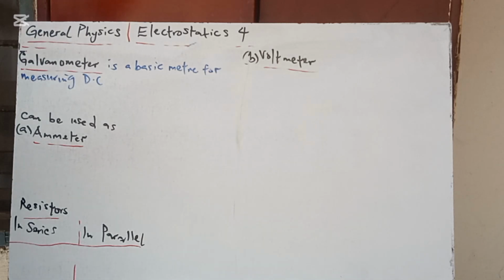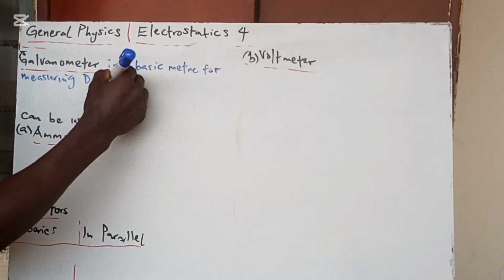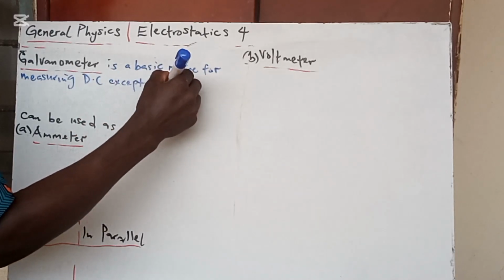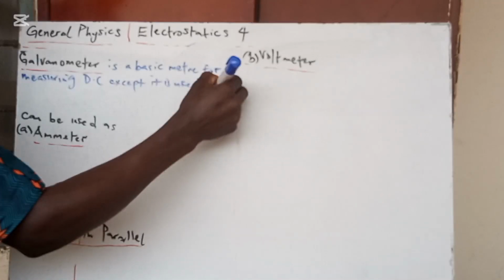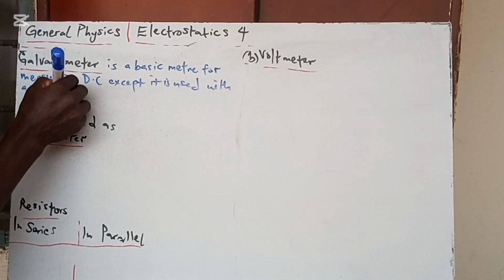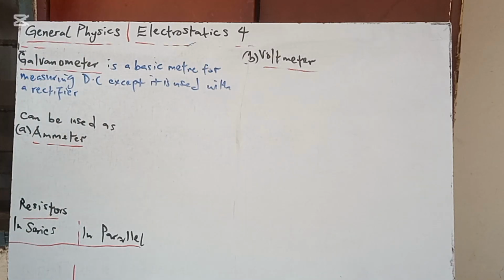If you want to use it to measure AC, you are going to use it along with a rectifier. But if it is a normal galvanometer, it's only used to measure DC, except it is used with a rectifier. When it is used with a rectifier, that's when it can measure AC, alternating current. So this is direct current, AC is alternating current.